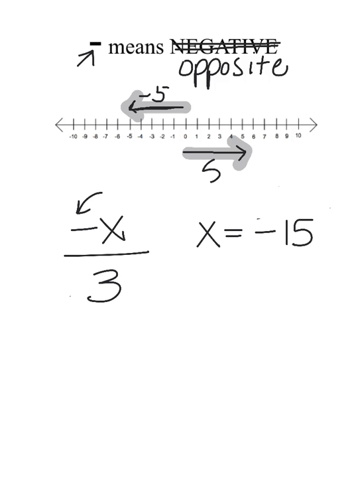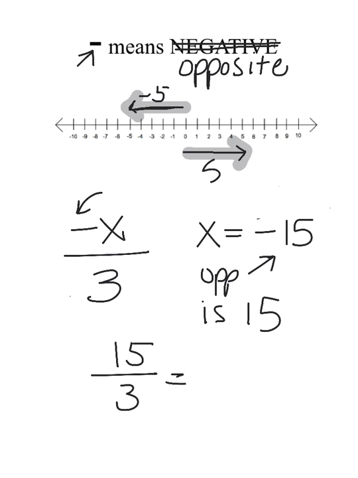So here we've got to think about the opposite of this is 15, and so we'd have 15 divided by 3 is 5. So whenever you see this symbol, I want you to start thinking of using the idea of opposite as opposed to negative.